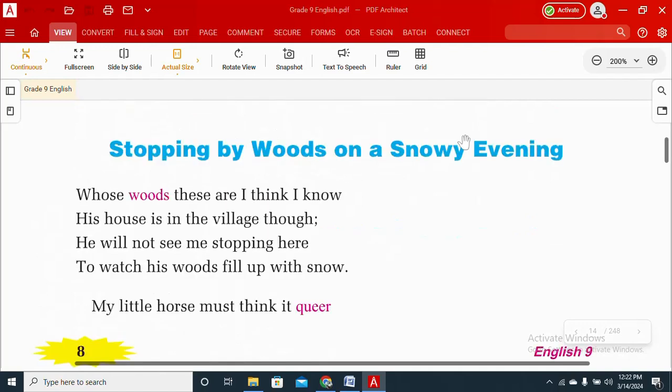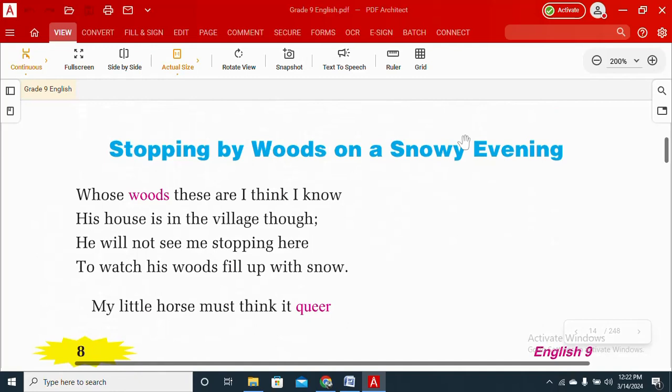Now let's go to the poem. This poem, as I told you earlier, is written by Robert Frost. Stopping by Woods on a Snowy Evening was written by Robert Frost in 1922.